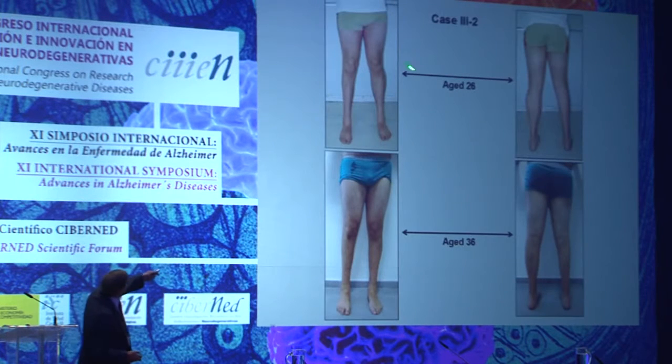And you see here asymmetric peroneal muscular atrophy. At the age of 26, you see here even hypertrophy of the posterior muscle compartment of the lower leg. And 10 years later, there is progression of the lower legs with disappearance of the hypertrophy.